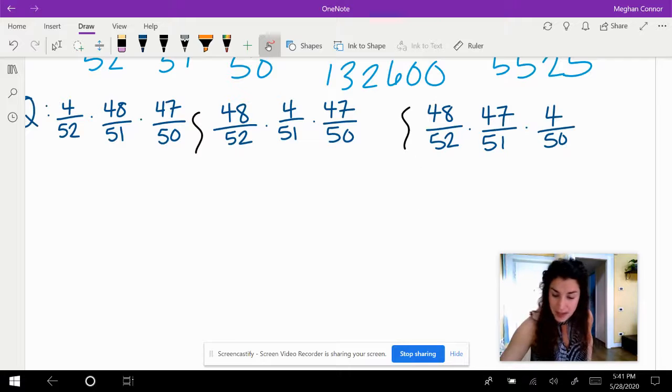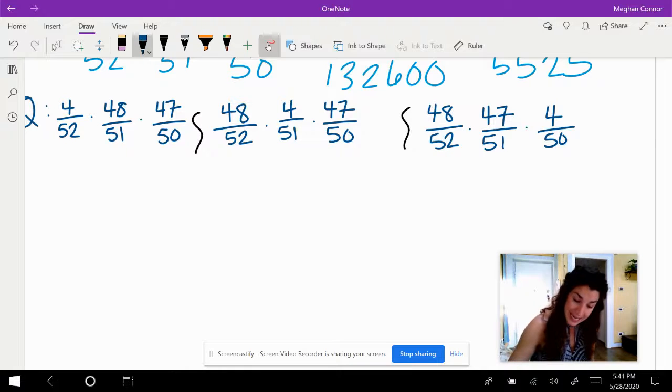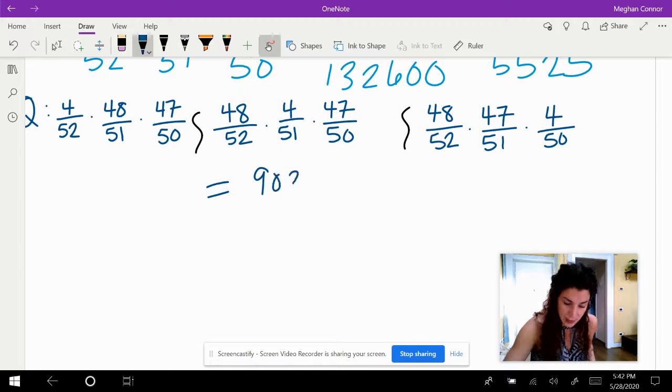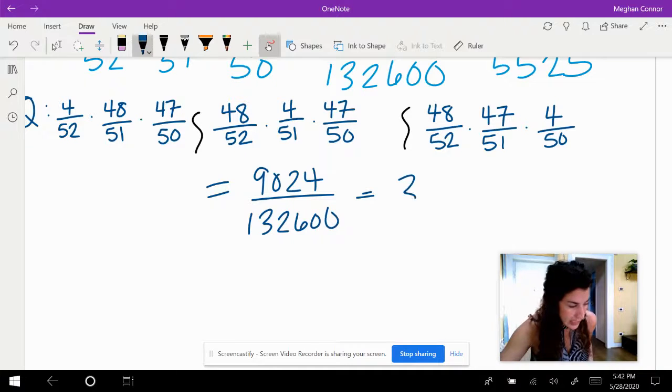So it does not matter where you place the queen if you're talking about only 1 out of the 3 pulled. It just is that you have to account for that at one point in your multiplication. And the answer was 47 times 48 times 4, which is 9,024 over 132,600. Simplifies down to 376 out of 5,525.